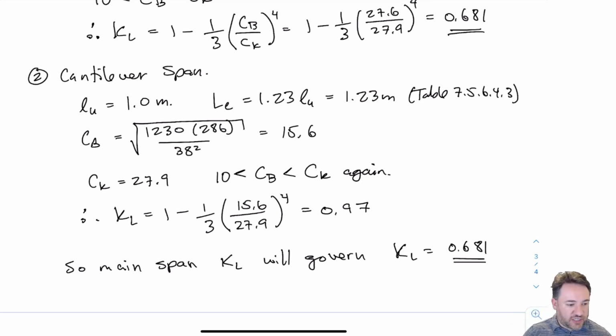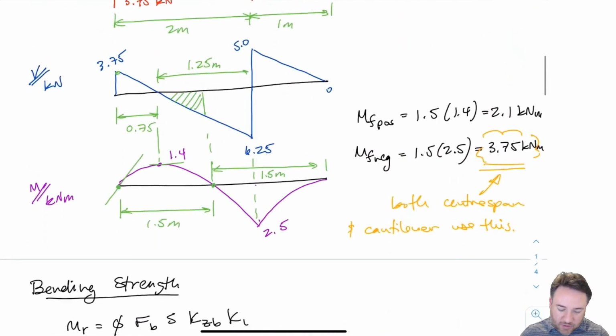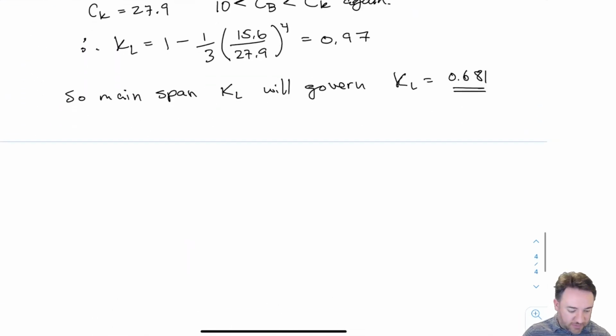Otherwise, I should calculate an MR for the main span and an MR for the cantilever span, and then compare them to the MF for the main span and the MF for the cantilever span. But in my case, if you remember, both spans, this side and this side, had the same maximum moment, which was 2.5. And the MF for that was 3.75, as shown on the right. Otherwise, I should check both separately. Okay, so back to MR.